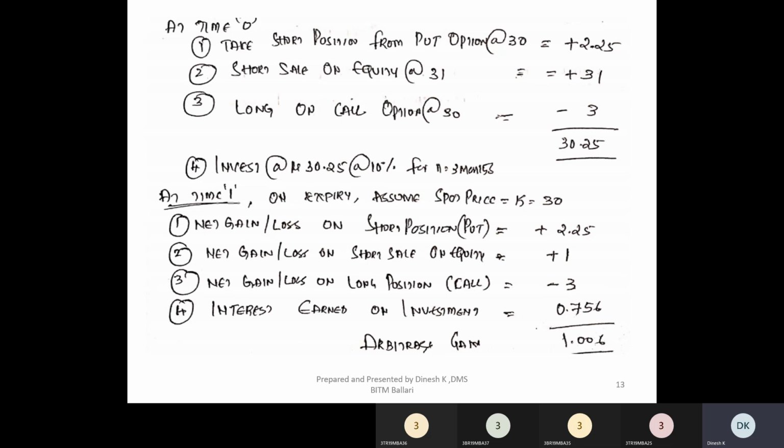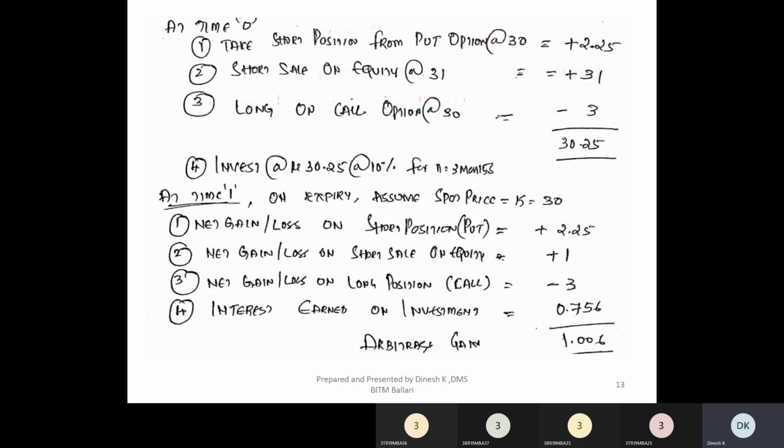Close the bracket and multiply with 30.25. So you will get principal plus interest. Take out the principal amount of 30.25, and the interest left over is only 0.756. It is the interest which you have earned on the principal value of 30.25.